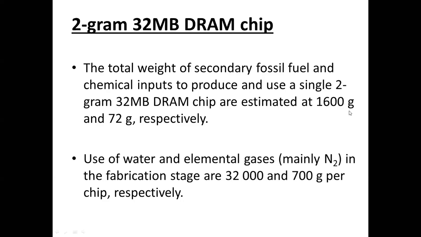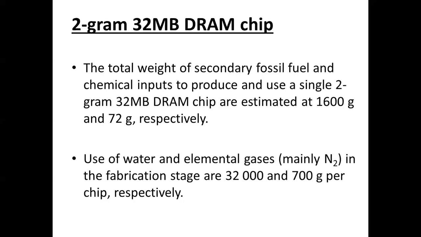So you can see 1,672 is almost 1,700 grams. So to produce 2 grams, they are using 1,700 grams and the remaining is only 2 grams.